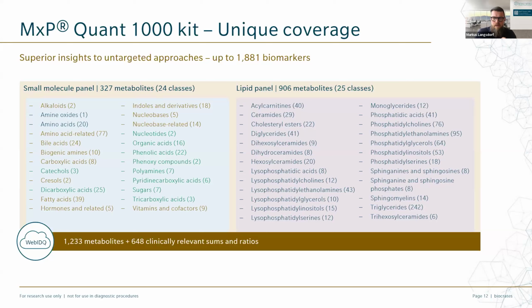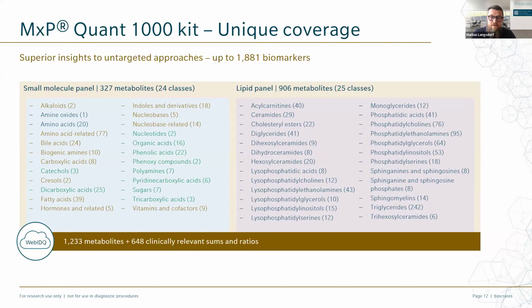When you see all these incredible numbers, you might be wondering, how does this compare to untargeted approaches? So please allow me to elaborate on this. Untargeted solutions can screen and identify several thousands of metabolic features, but untargeted data contains many features with unknown IDs that might or might not be regularly present, leading to a maximum number of identified compounds that is often around the same number of metabolites quantified by comprehensive targeted solutions.